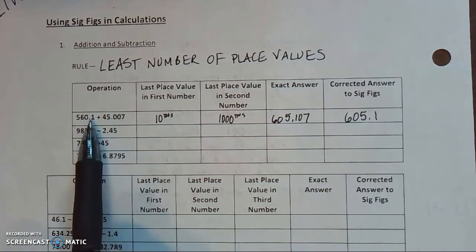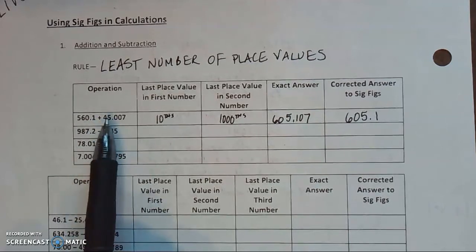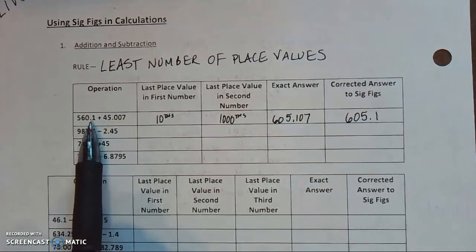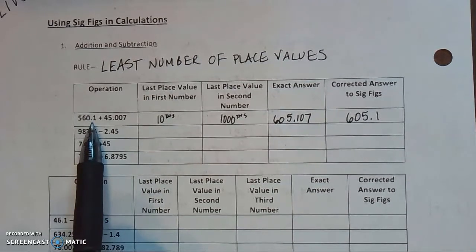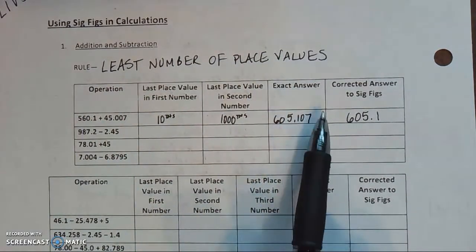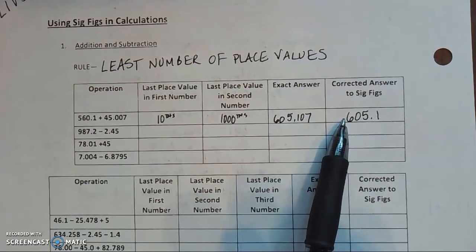This instrument might not have had as many lines as this one, so we can only be certain that this one is the least accurate measurement. So this is the only valid answer when we look at significant figures.